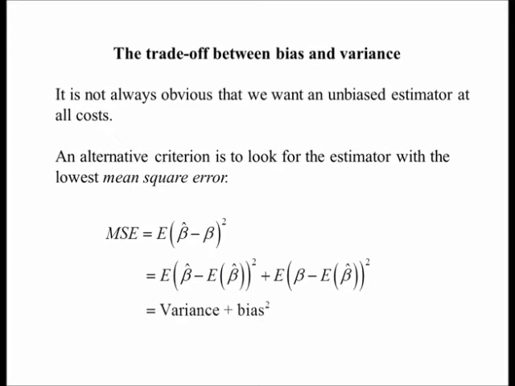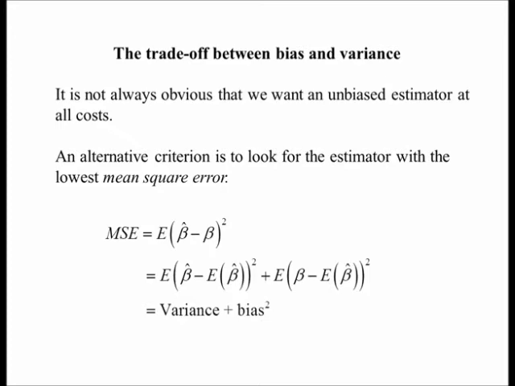Well, that's true, but bias and consistency aren't the only desirable properties of estimators. The other desirable property is that we should have efficient estimates, estimates with as low a variance as possible. Now, what we've run into here is a case in which there is a trade-off between bias and efficiency.